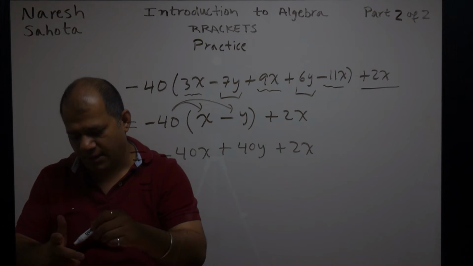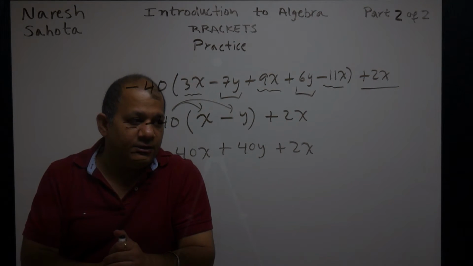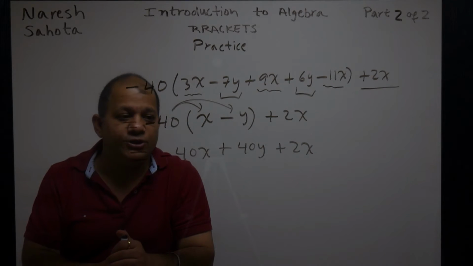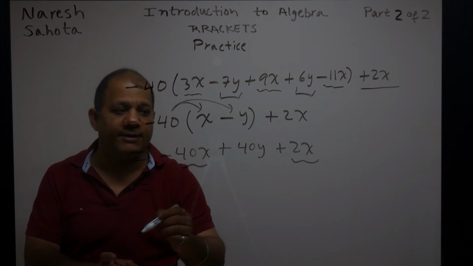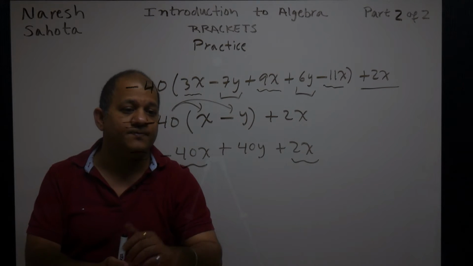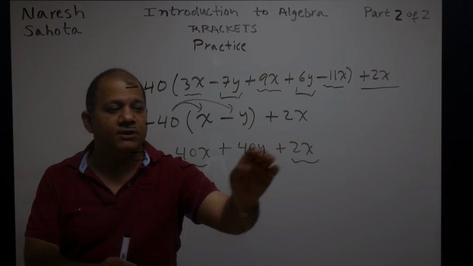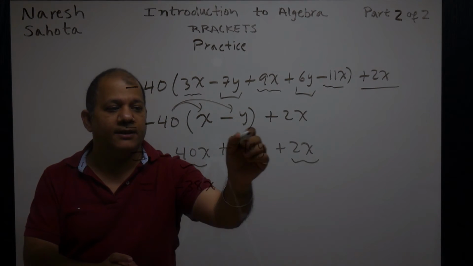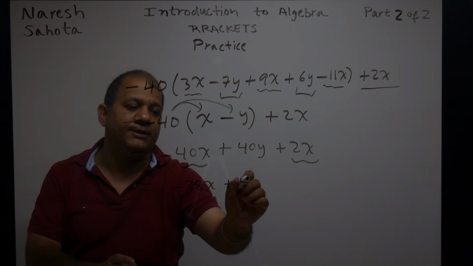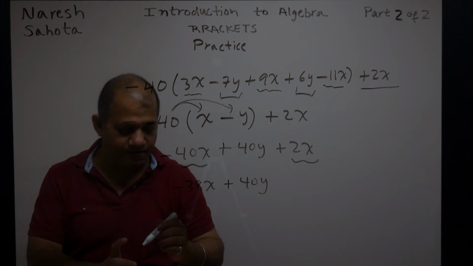Now, are there terms that are alike? Yes, we have an x term and another x term, so we can combine those. Negative 40x plus 2x is negative 38x. And the 40y will just get copied, so plus 40y.